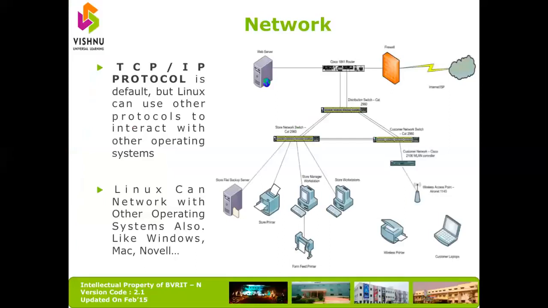Now, it's not that if you have a Linux computer, you cannot connect to other computers. That's not true. You can connect to Windows or Mac operating systems or Novell operating systems or something like that. So that's basically what a network looks like in a normal environment. You have multiple servers, and this is your internet provider, which helps you connect with the external world or the internet.